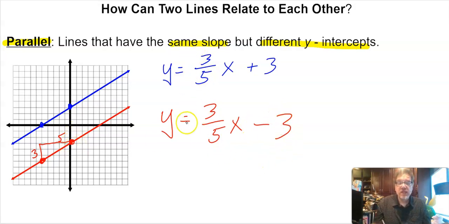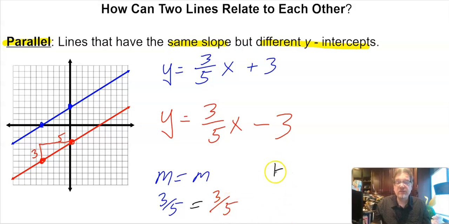So notice m equals m, 3/5 equals 3/5, but the y-intercepts are different. b does not equal b. 3 does not equal -3. So these two lines are parallel.